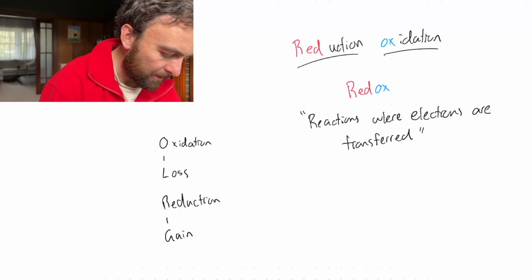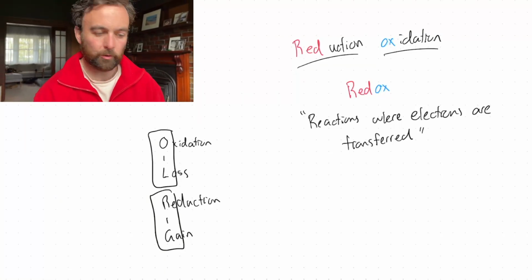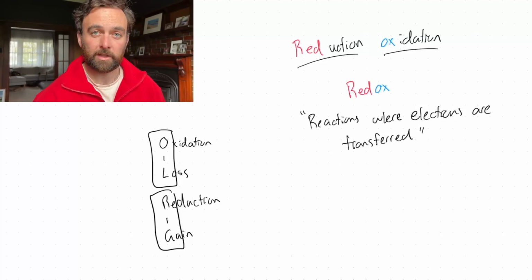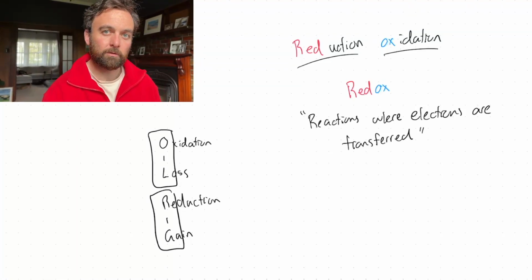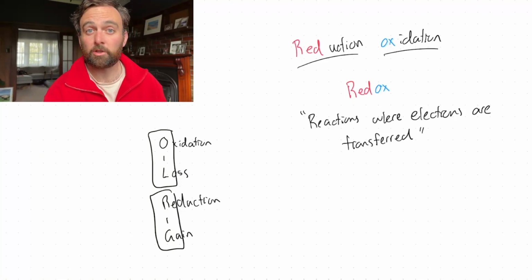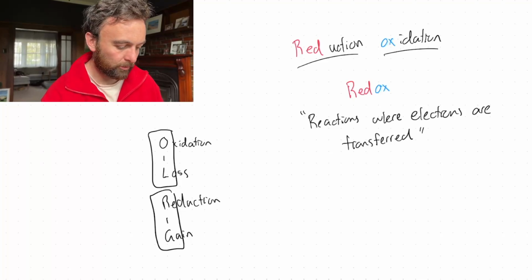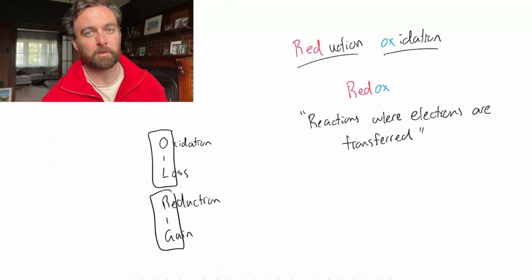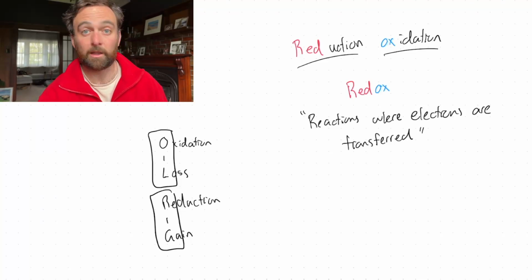You can remember that with the mnemonic OIL RIG, which says that oxidation is loss, reduction is gain. This can be useful, but I do find it has its limitations, so don't put too much weight on it. I'm going to show you another technique to determine if it's oxidation or reduction, but this can be helpful. So with redox reactions, electrons are being transferred from one thing to another.